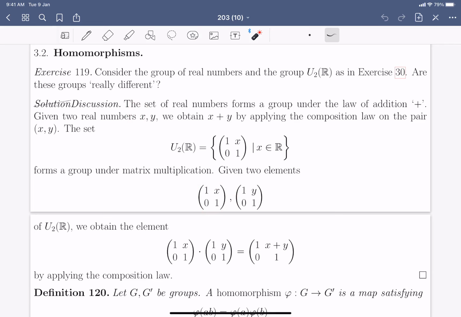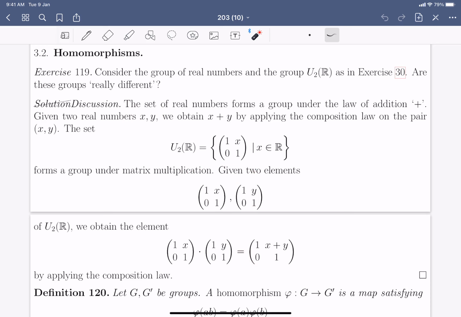But if there is a way to identify this real number x with the matrix [[1, x], [0, 1]], and if you could somehow identify y with [[1, y], [0, 1]], then if you compose x and y, you end up getting x plus y. On the other hand, if you compose the elements with which you have identified x and y, you end up getting [[1, x plus y], [0, 1]].